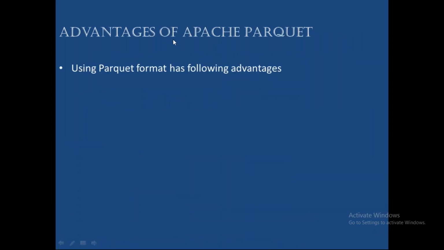Yeah. See, advantages of Apache Parquet. Using the Parquet file format, we have the following advantages. One of the advantages is reduced storage. It consumes less space. Why, friends? Can you tell me why it consumes less space? We discussed this, remember? Why less space? Because we have compression techniques. If you compress this data, 75% of the data will reduce.